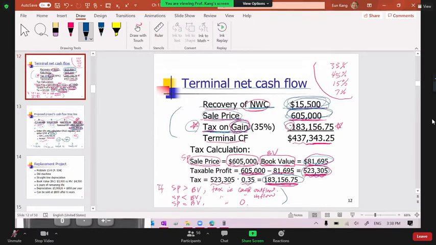Yeah, that is given. Good question. Let me read problem 7. It's on slide 2. It says changes in working capital is, where is it?